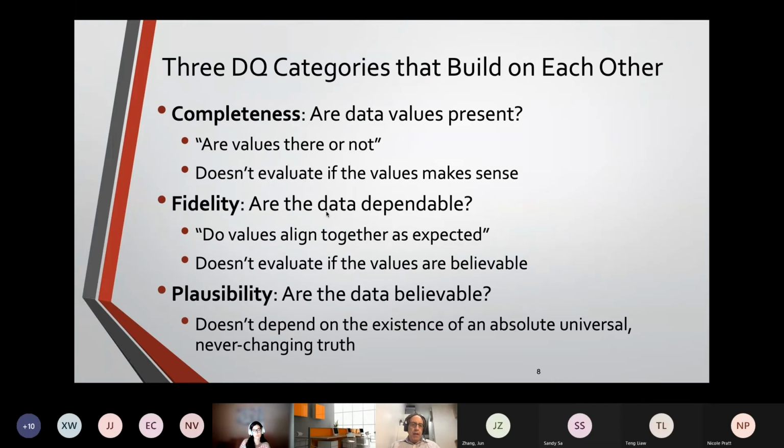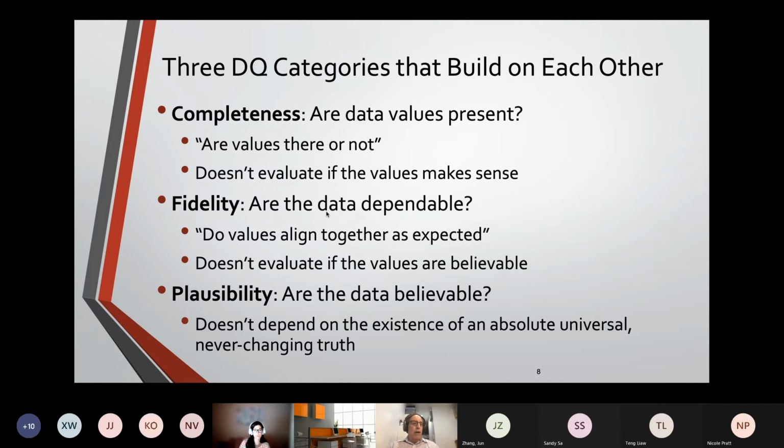And then at the highest level, there are these three categories, some of which have subcategories underneath them, which I won't go into. But at the highest level is different ways of thinking about completeness, which is really just asking the question, are there any values there at all? Forget whether or not they're good or bad. Are they even there?